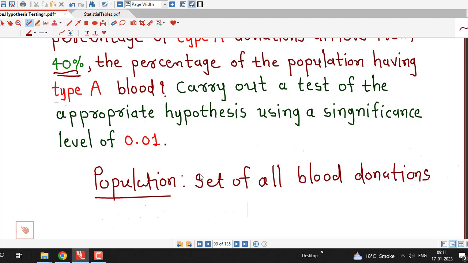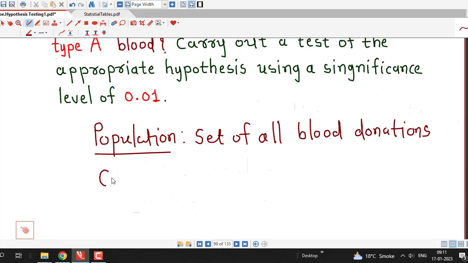Now in this population we are interested in the blood donations which have type A blood. So the characteristic in which we are interested is type A blood donation.